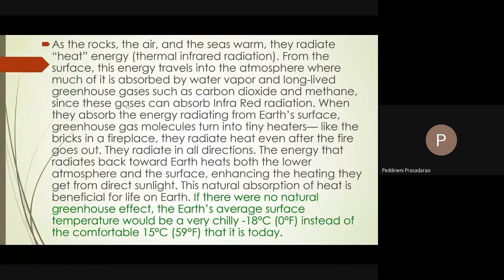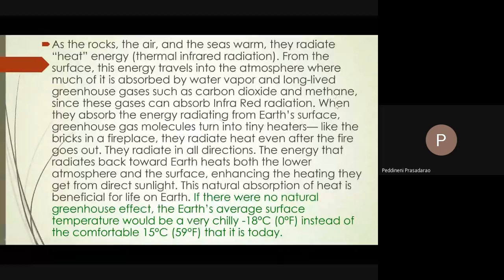They absorb this energy and retain it within the troposphere. When energy is retained in the troposphere, you have no option except an increase in temperature. So that's what is happening in the troposphere.